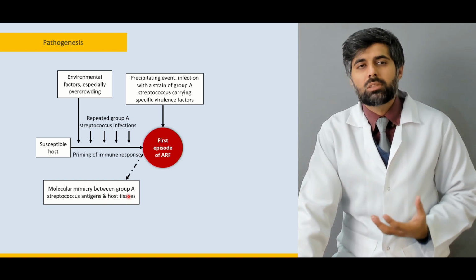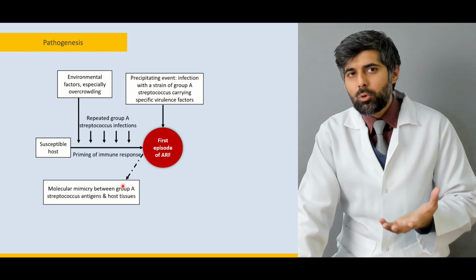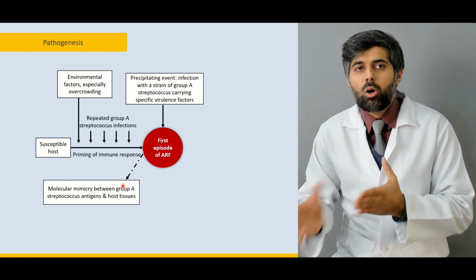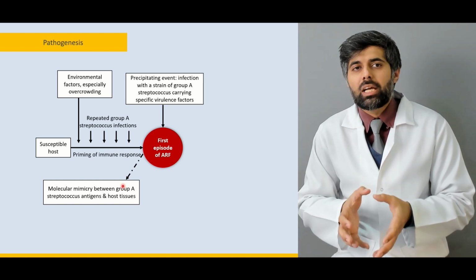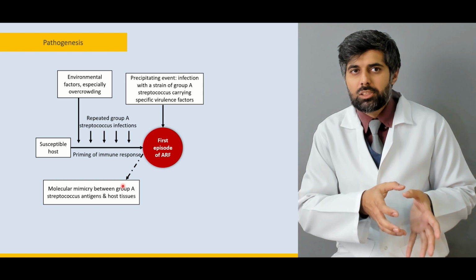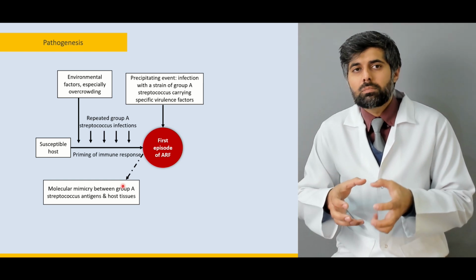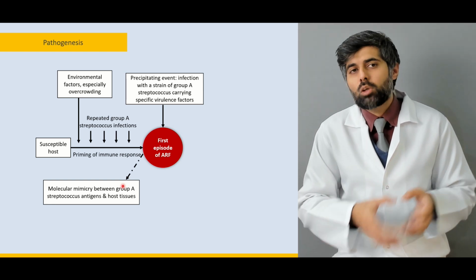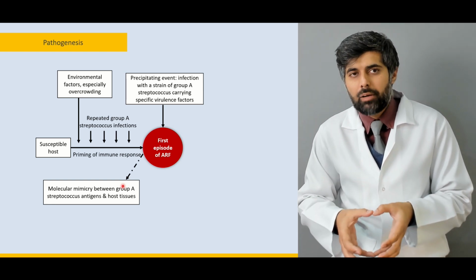In other words, the M protein and the N-acetylglucosamine are also found in the cell membranes of our cells, and these molecules mimic the virulence factors of the group A streptococci.